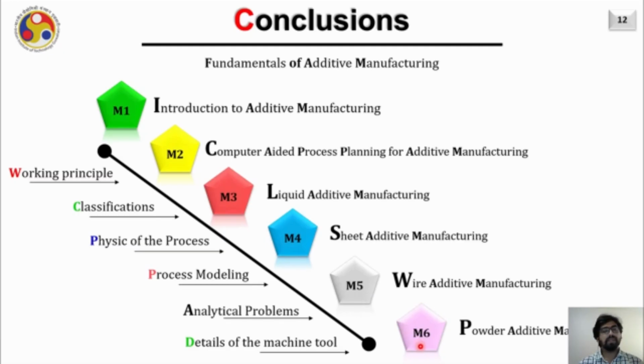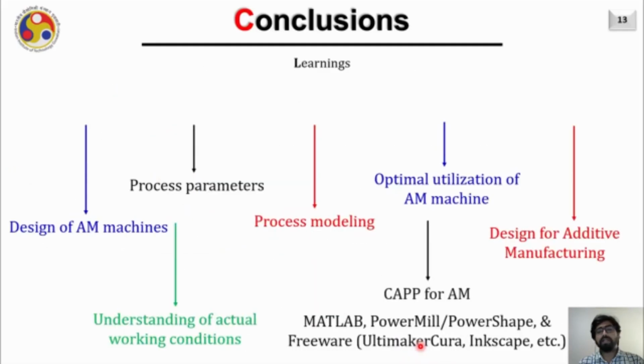And now in module 6 we discussed powder additive manufacturing. I believe that now you have some fundamental knowledge of additive manufacturing processes, and with this knowledge you have learned how to design your own additive manufacturing machines, how to set their process parameters, and how to do the process modeling, at least the fundamentals of each and every process I have tried to explain.